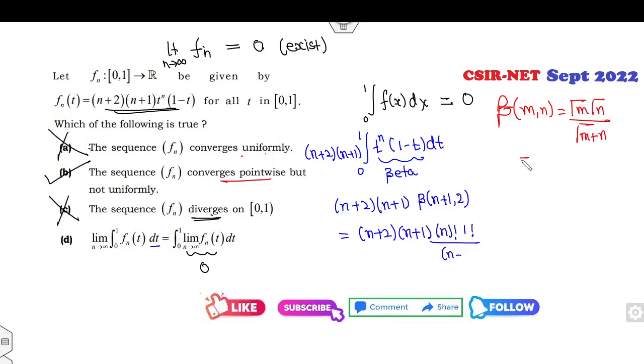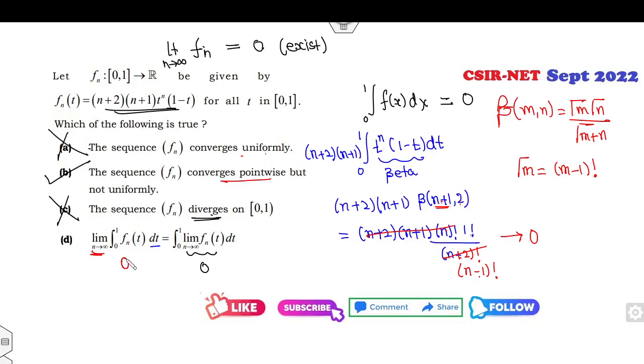And once m is an integer, we all know this is nothing but m minus 1 factorial. So n factorial, gamma of 2 is 1, and m plus n is n plus 3 factorial minus 1, which I can write as this number. Clearly if I open this bracket, this number up to this number is cancelled out. The only quantity left behind is 1 over something, so it goes to 0 as n approaches infinity.